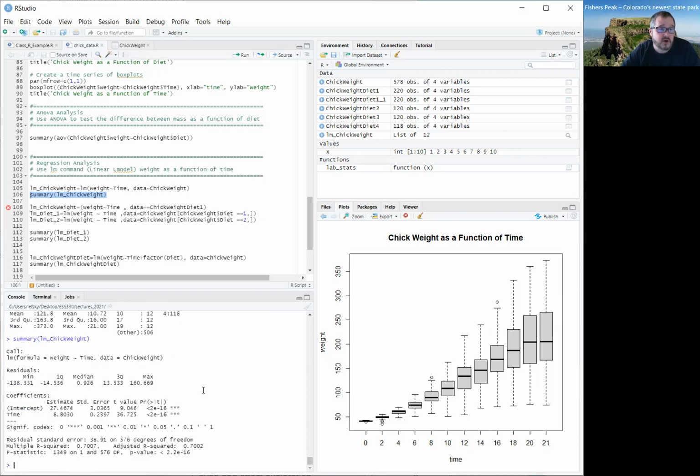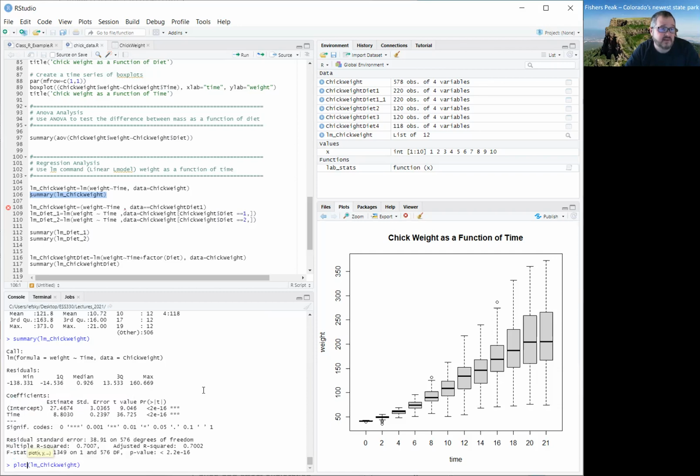If you do summary on a model result, like the model result we created before, lm_ChickWeight, it tells you about what's in the model. Similarly, plot will give you the same kind of results.